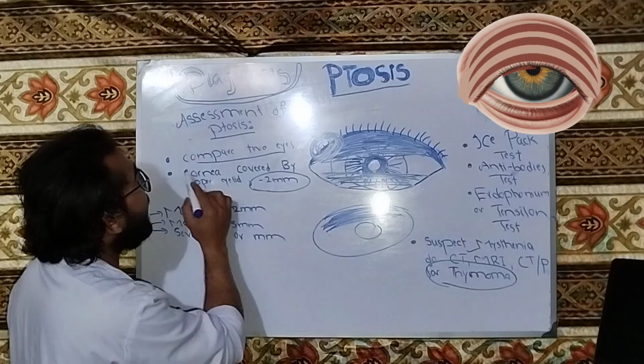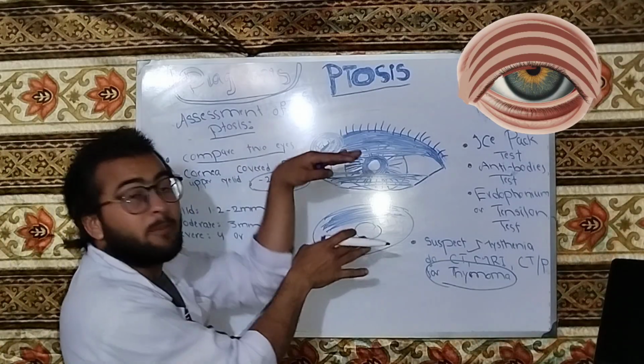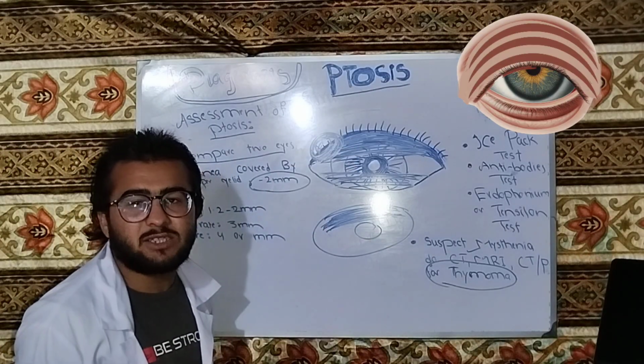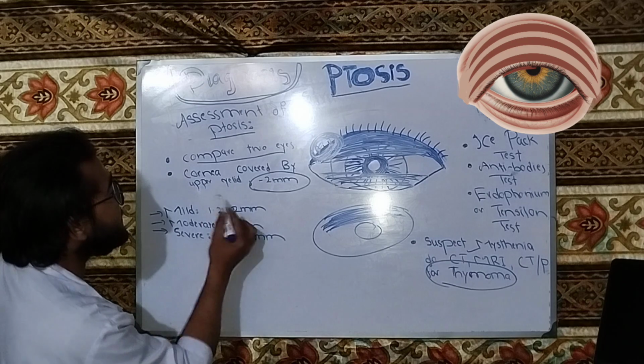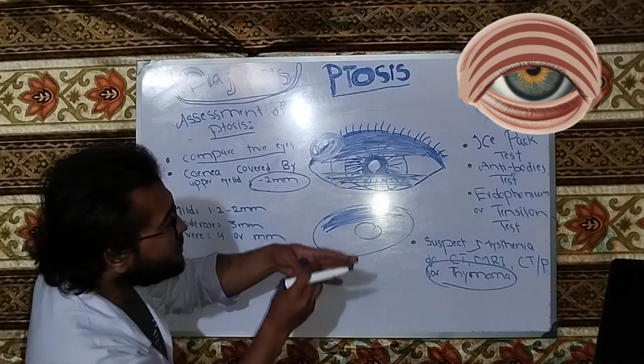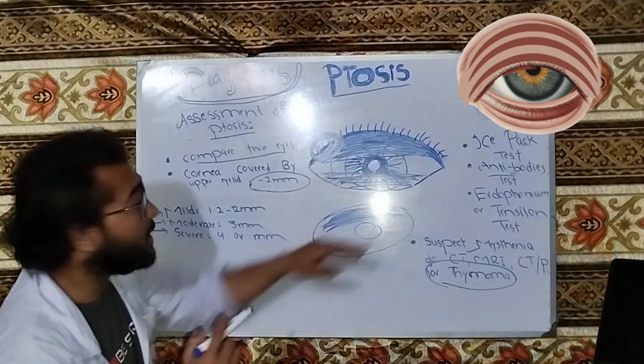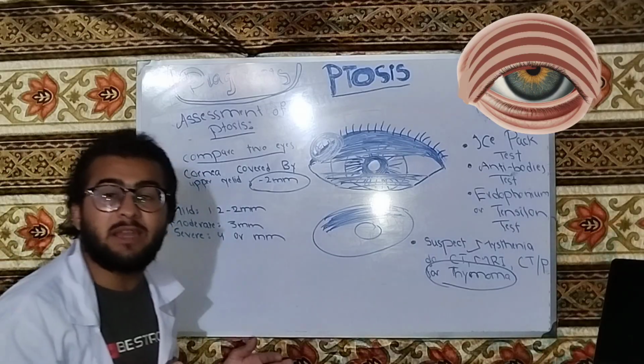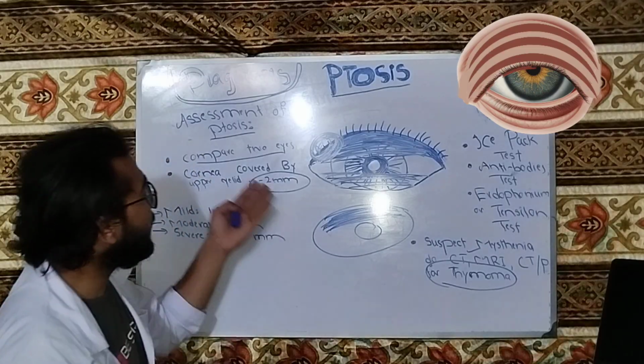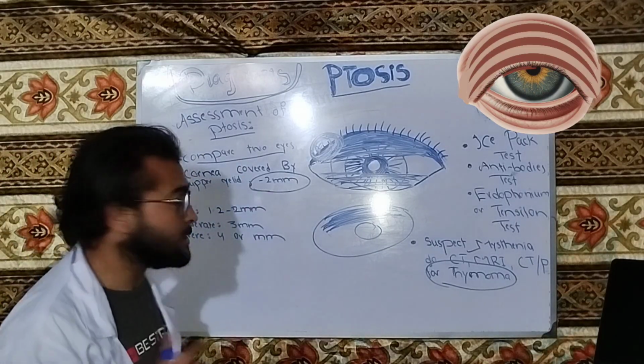So if the ptosis is unilateral, we will compare the two eyes, and if the ptosis is bilateral, we will measure how much ptosis is present and subtract 2 mm from that.